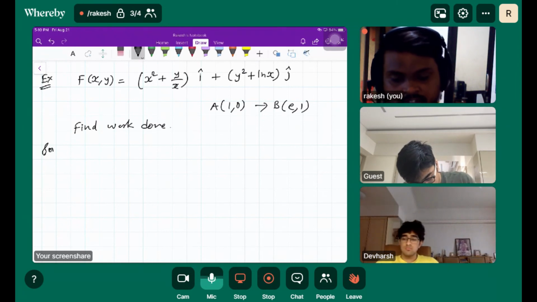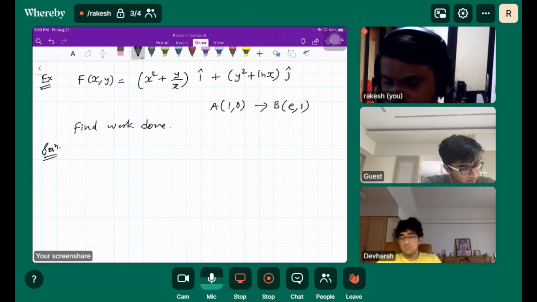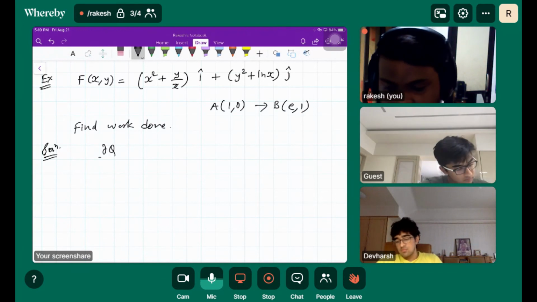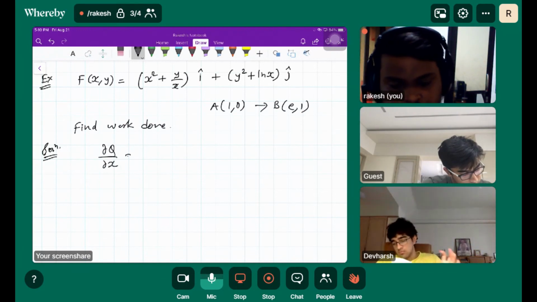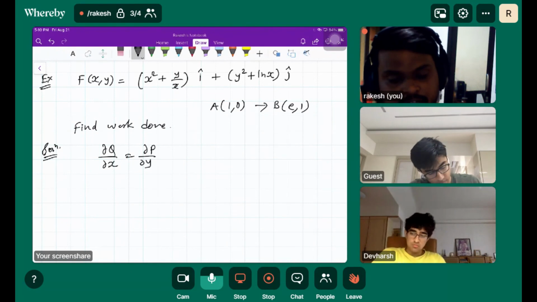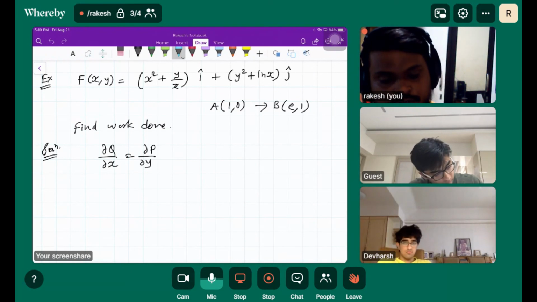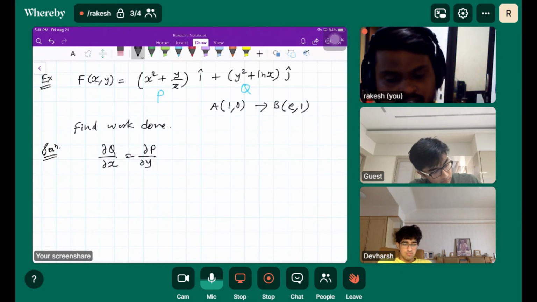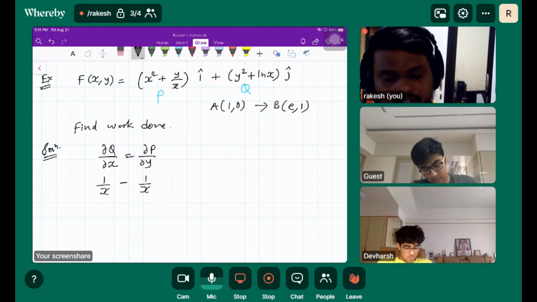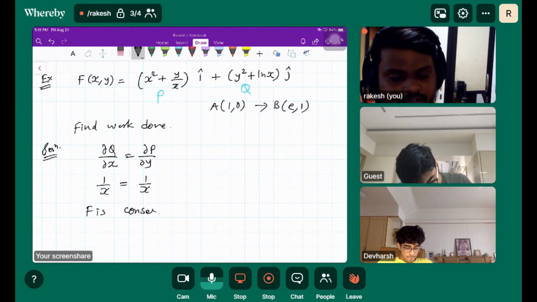So I'm writing down the steps. Please verify. Del q upon del x and del p upon del y. So the partial derivative of q with respect to x is 0 plus 1 by x, and the partial derivative of p with respect to y is 1 by x. So they are equal. So f is conservative.